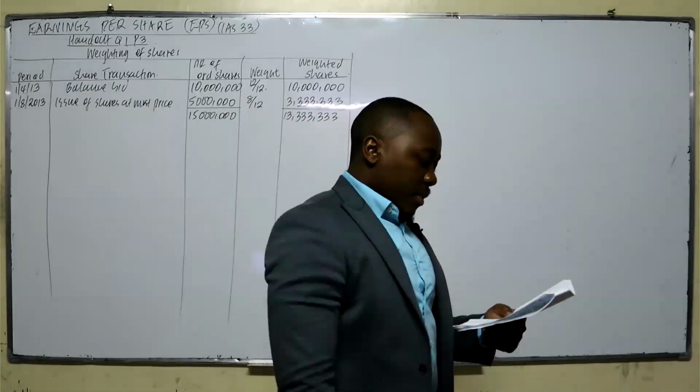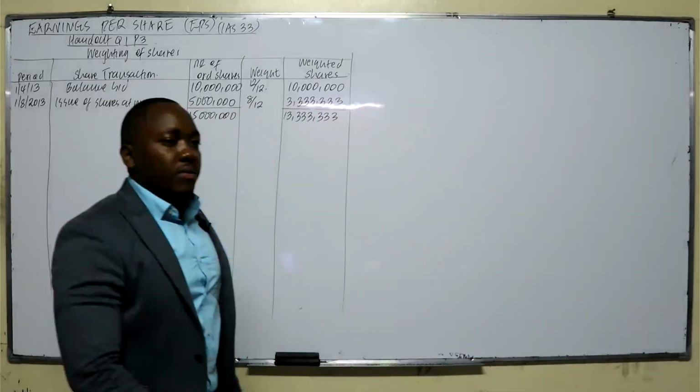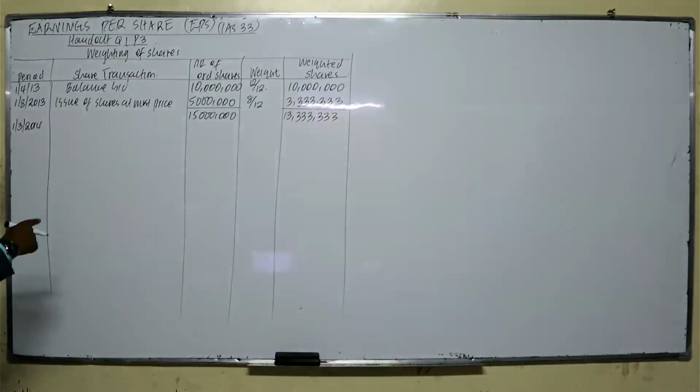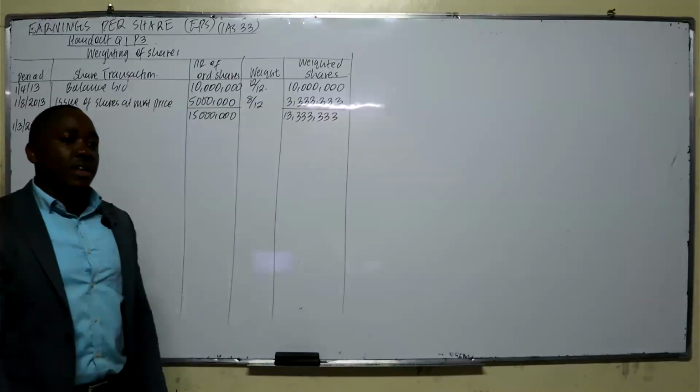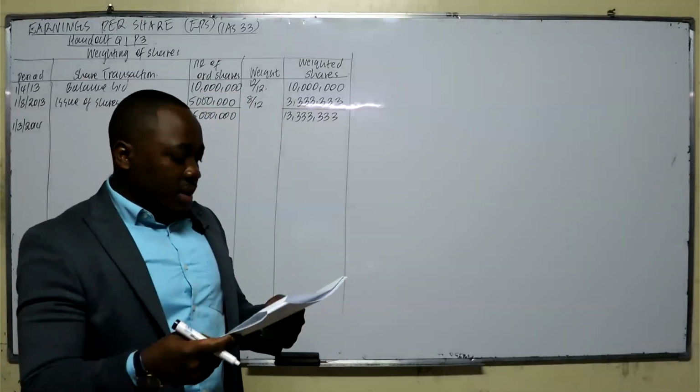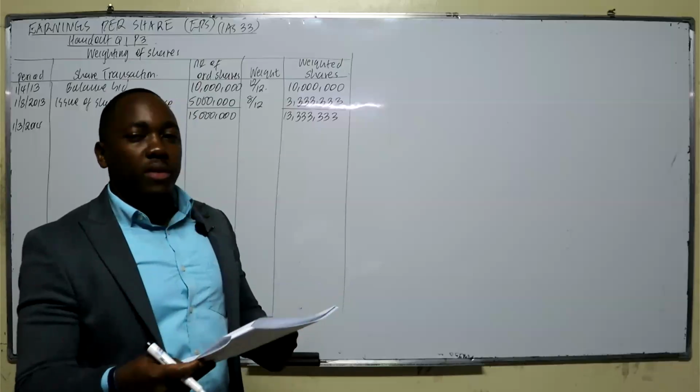Then I told you that on 1st of March 2014, the year ends on that 1st of March. How many months to the end of the year? 1, correct. On 1st of March 2014, there was 1 bonus share for every 3.